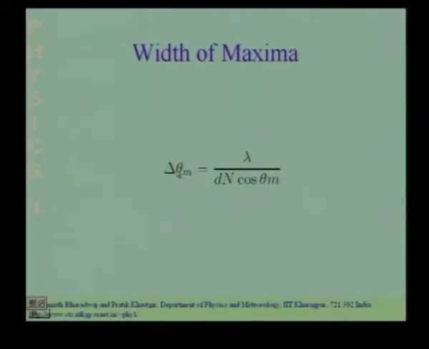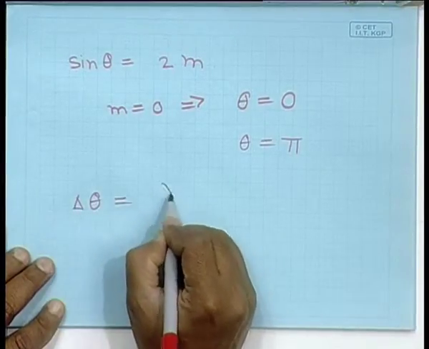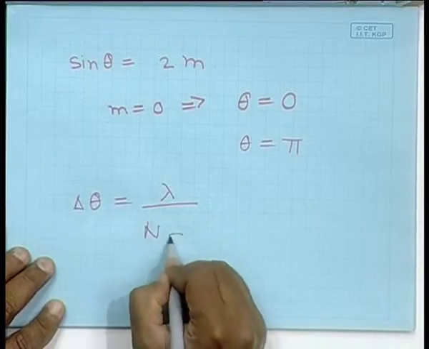We had found that the width delta theta corresponding to the mth order maxima is lambda by n d cos theta. So, in this particular problem, we have the 0th order maxima, so m is equal to 0. So, we have delta theta is equal to lambda by n d.